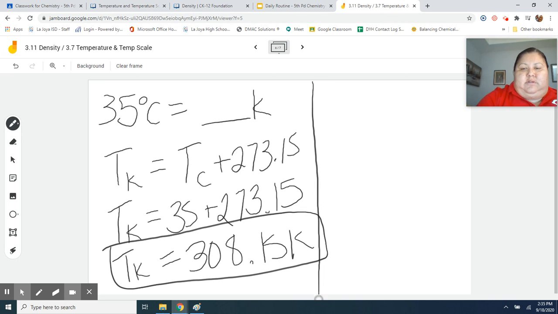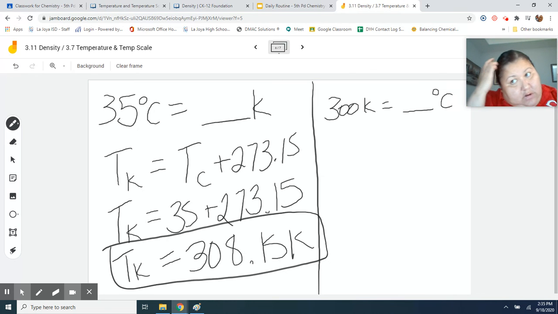All right, so we have a secondary question. The secondary question says, I need to change 300 Kelvin to degrees Celsius. So what am I going to do?